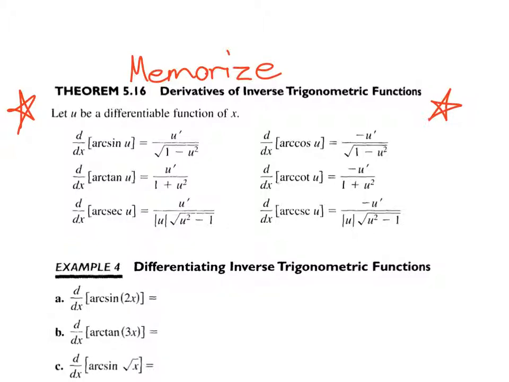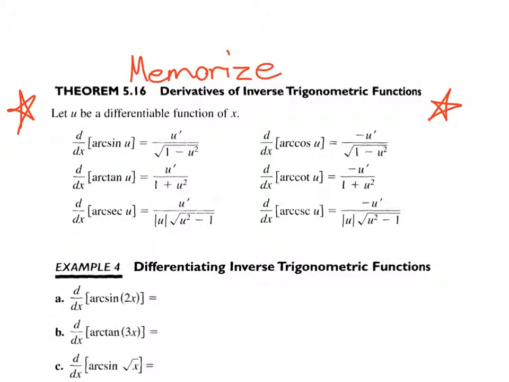Arc secant is u prime over absolute value of u times radical u squared minus 1. Arc cosecant is negative u prime over absolute value of u radical u squared minus 1. Okay? So these are just patterns that you've got to memorize. That's just kind of how it is.